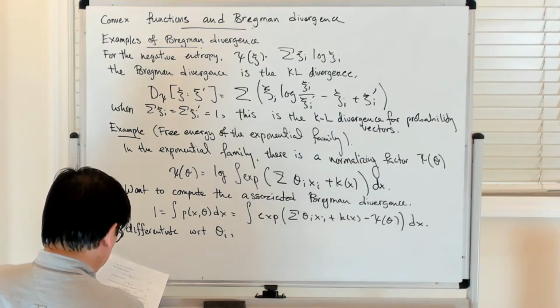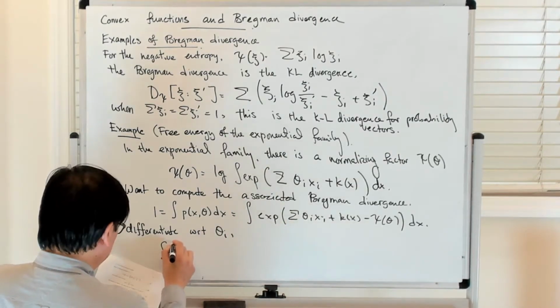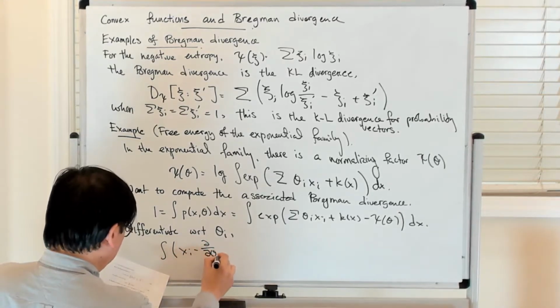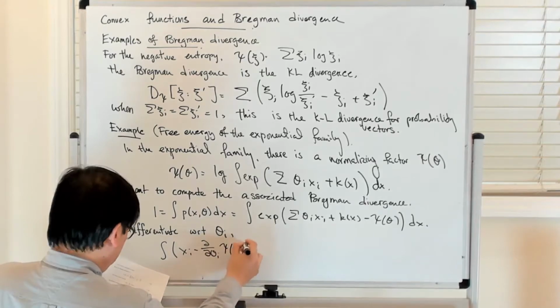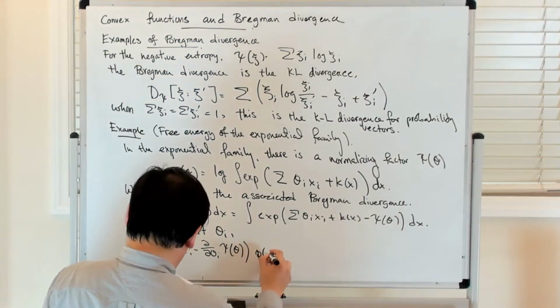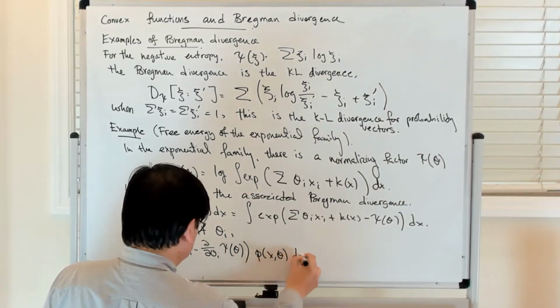And what happens then is I get the integral of xi minus d/d theta i of phi of theta, times p of x, theta, dx.